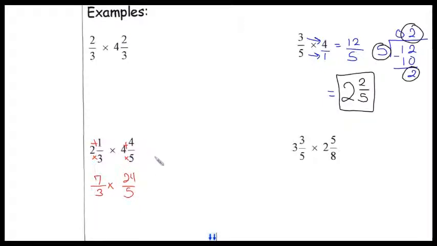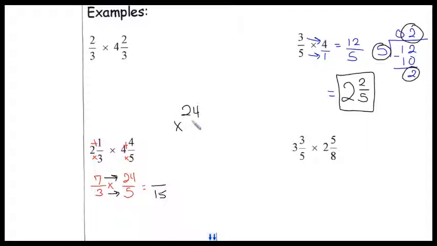Notice that I'm keeping the same denominator. This 3 is still a 3 right here, and this 5 is still a 5 right there. The only thing I'm doing when I multiply times the whole number and then add the numerator is finding my new numerator. So now to finish my answer, all I have to do is multiply my numbers. 3 times 5 gives me 15, and 7 times 24, I have no idea.